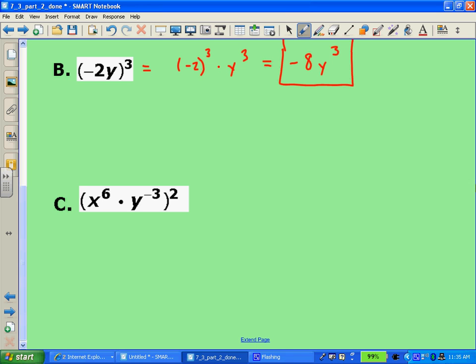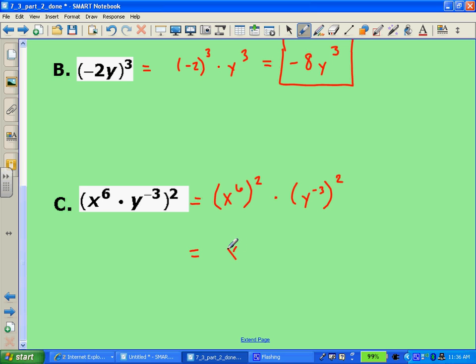Okay, now one that's a little more exciting here. As we do this more and more, you'll have to use the properties together instead of one at a time. So here I have a product, but both of them have exponents, and then that's raised again to a power. So we're going to have to separate this. So let's first of all apply x to the sixth to the second. I'm taking the exponent and applying it to each part.